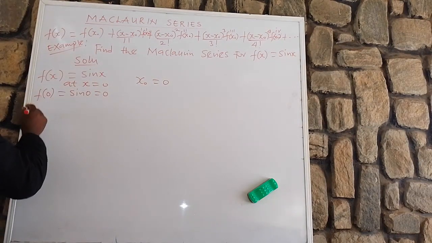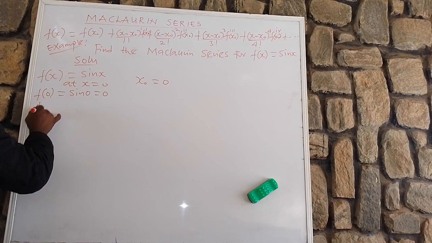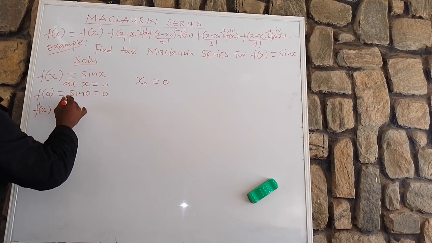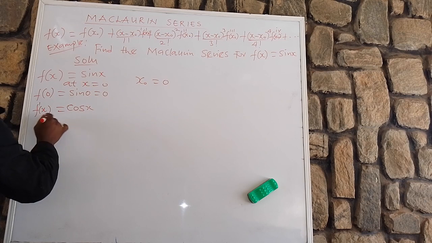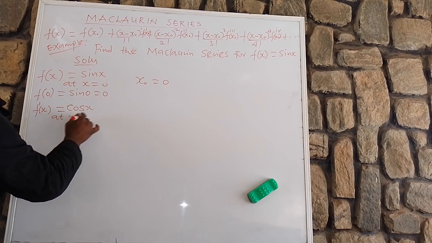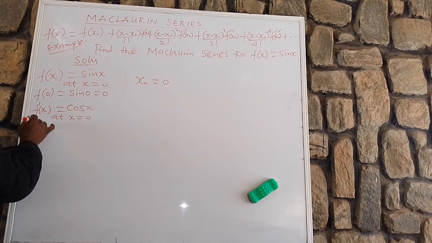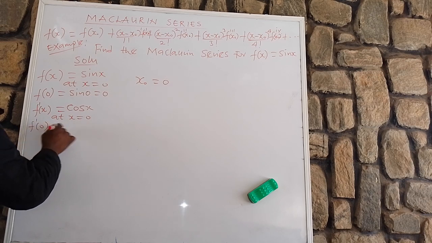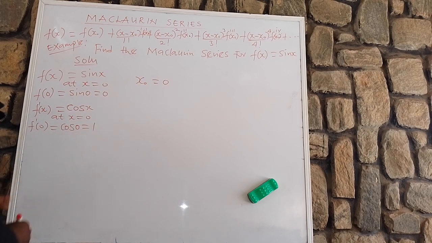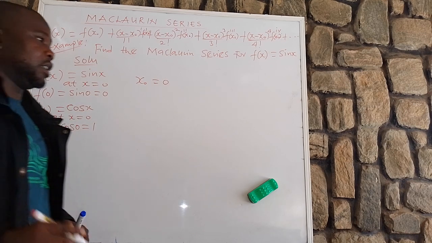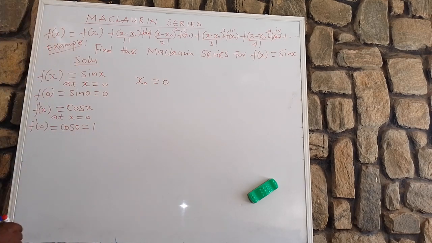So f prime of x equals cos x. Then at x equals 0, f prime of 0 will be cos 0, which equals 1. If you press cos 0 in your calculator, you are going to have 1.